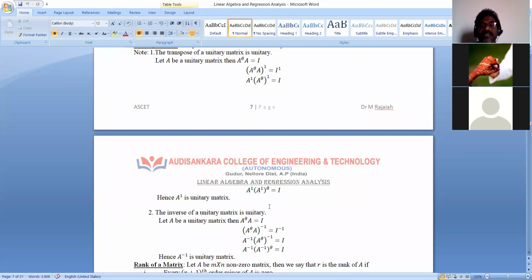This is the basic result in orthogonal and unitary matrices.